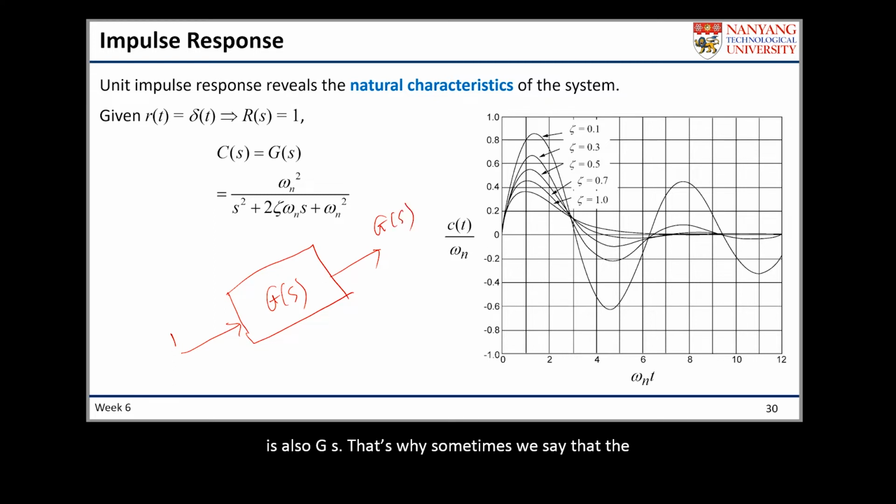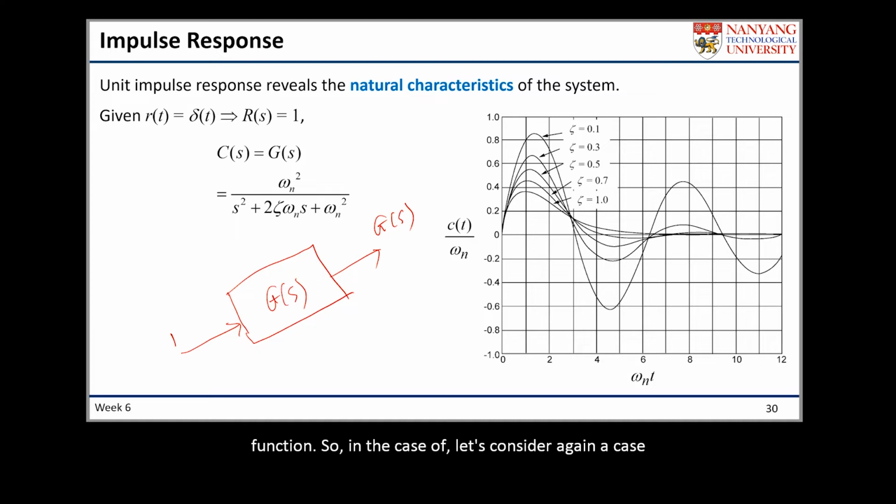Okay, that's why sometimes we say that the unit impulse response will tell us the natural characteristics of the system, because the response of a system with a unit impulse input in the Laplace domain is the transfer function of the system itself. The response is equal to the transfer function.